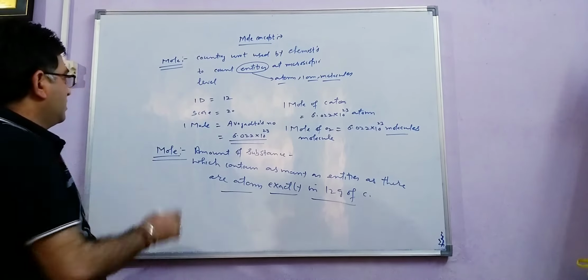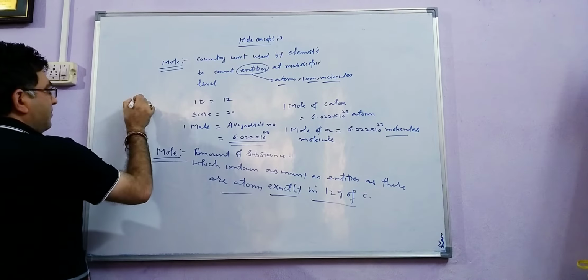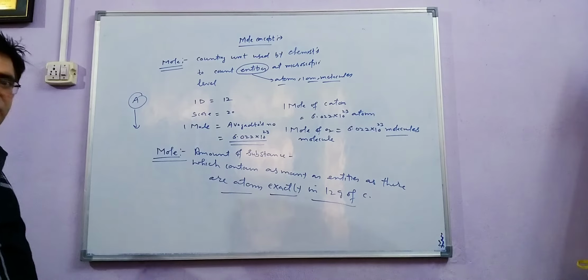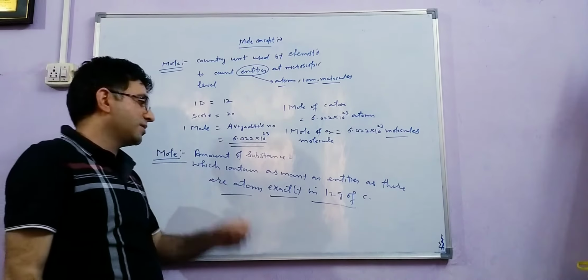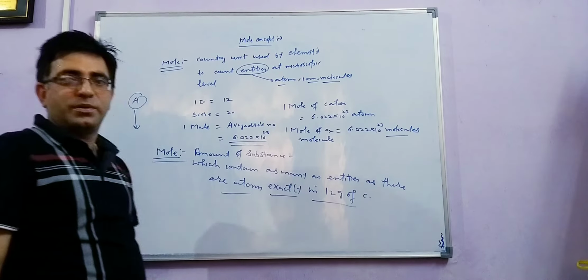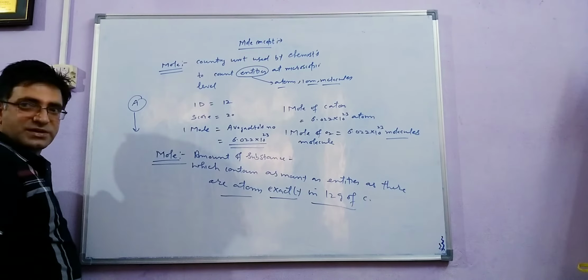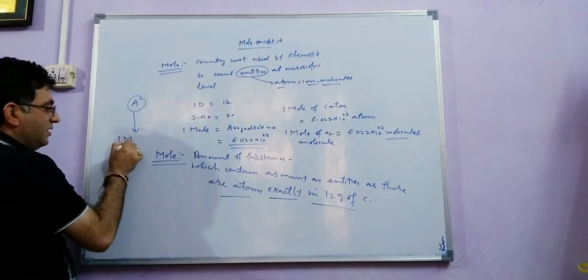Suppose we have a sample A, and sample A contains exactly the same number of atoms as are present in 12 gram of carbon, then the amount of substance present in sample A is said to be 1 mole.